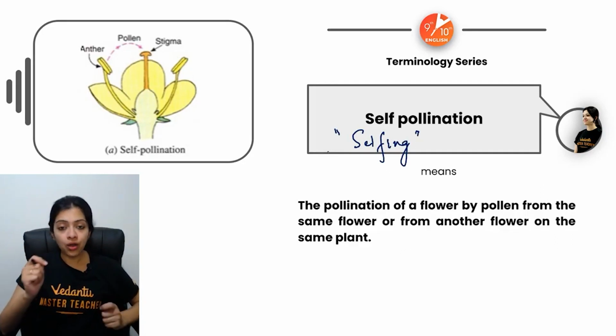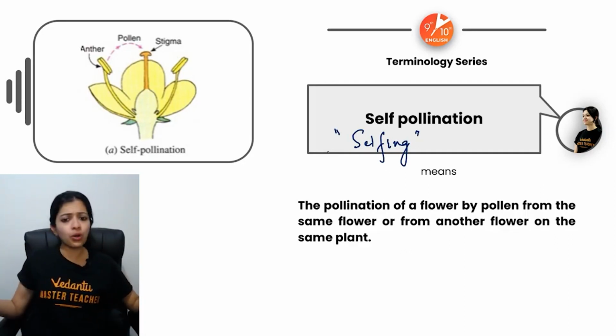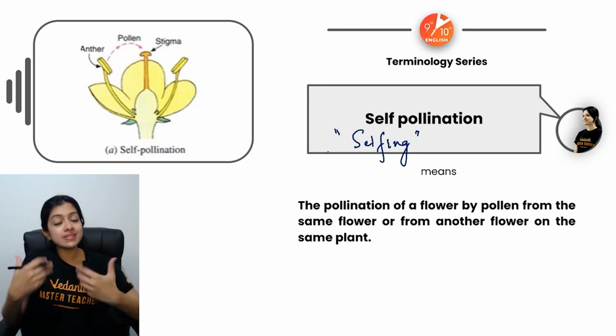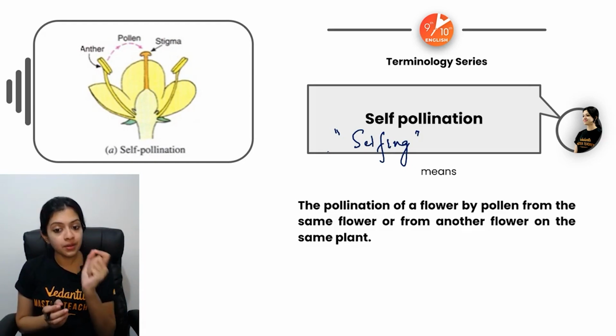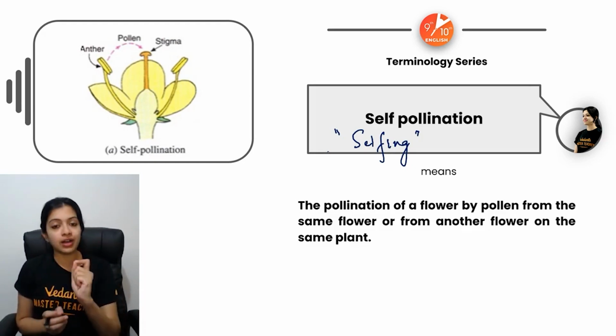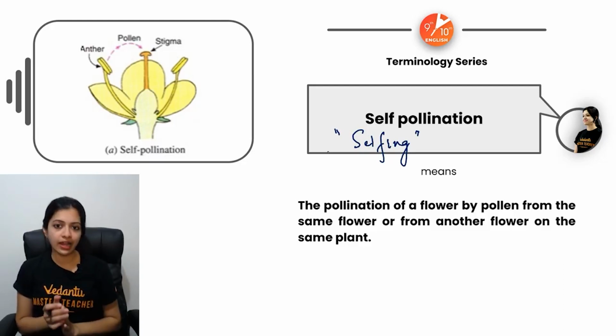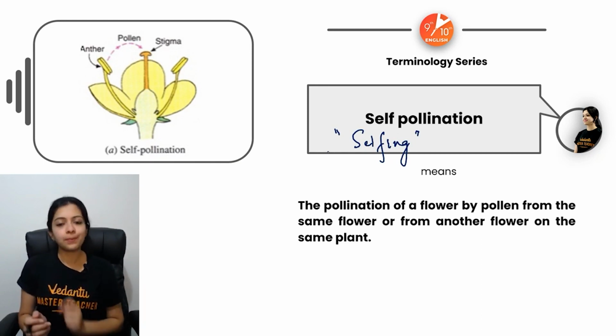Mendel allowed the F1 generation to undergo selfing. What does it mean? He allowed them to undergo self-pollination. That's what it means. The pollen from the anther of a flower gets deposited on the stigma of the same flower or another flower of the same plant. This is what self-pollination is.